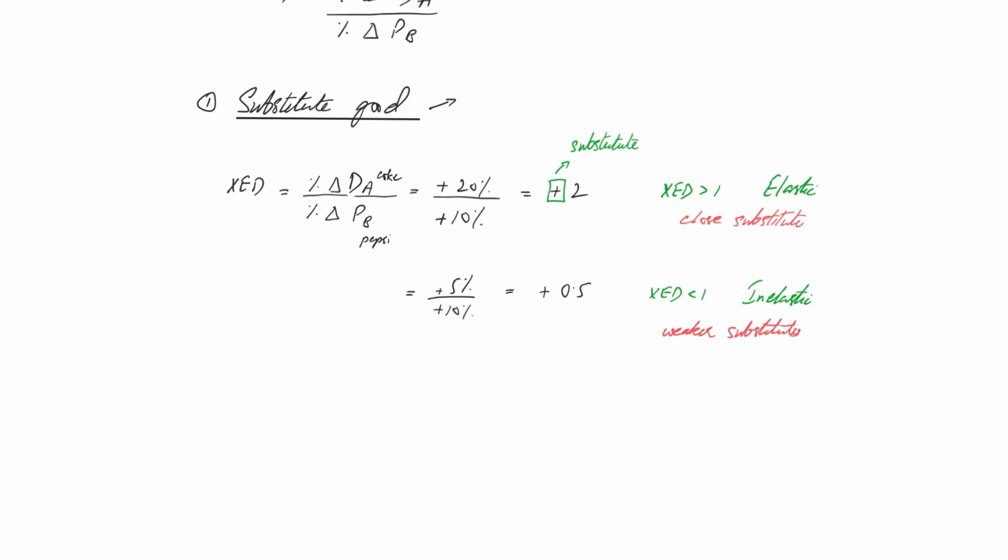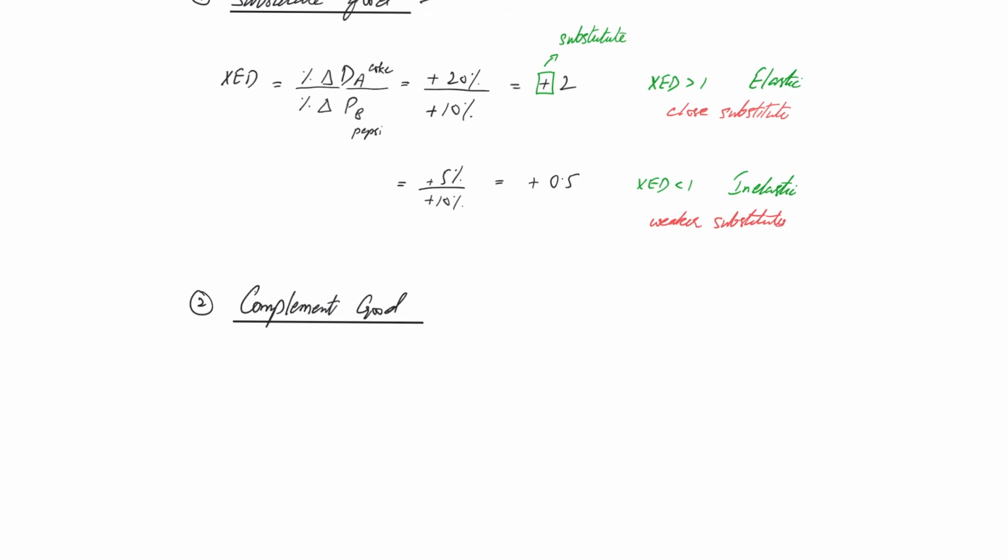Okay. Number 2 is complement goods. Now, complement goods are jointly demanded goods. These are goods that are used together, jointly demanded. These are different terms that you can use for it.